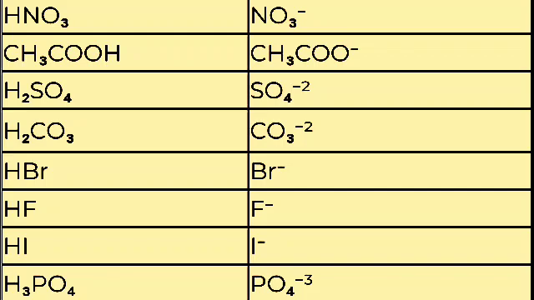HBr, hydrogen bromide, gives Br minus, bromide. Hydrogen fluoride, HF, gives F minus, fluoride ion. HI, hydrogen iodide, gives iodide ion.